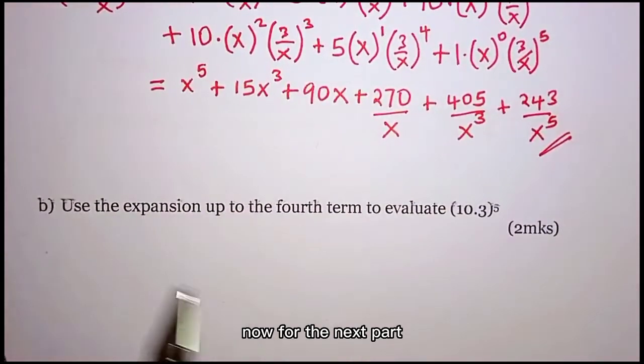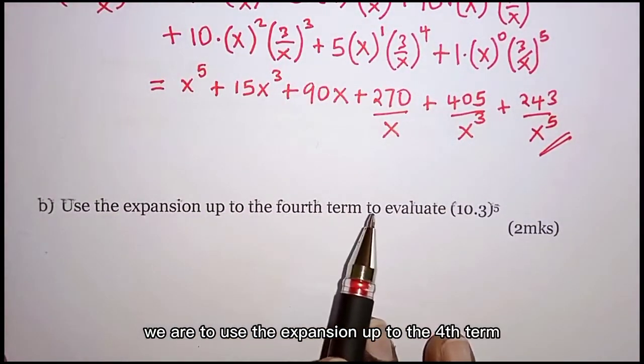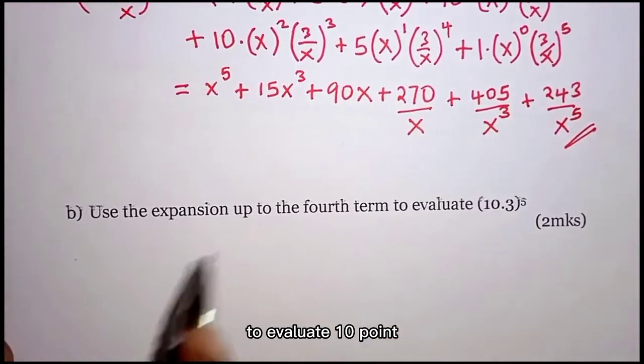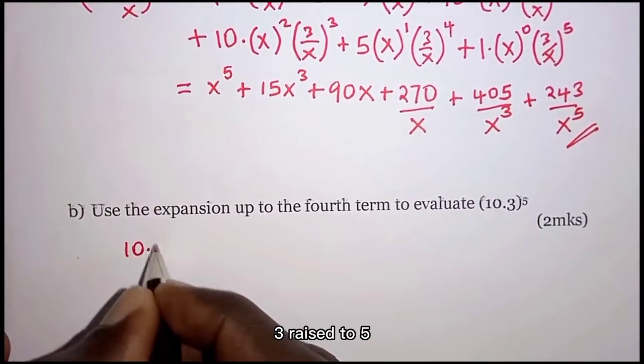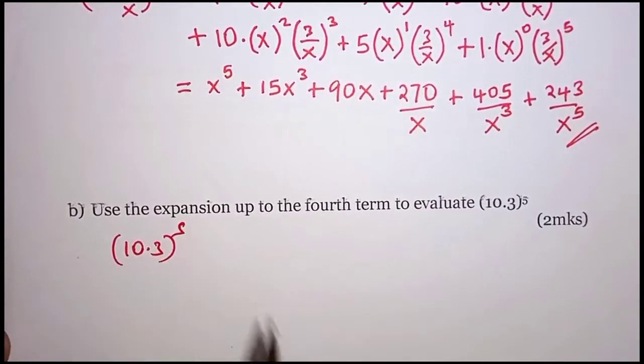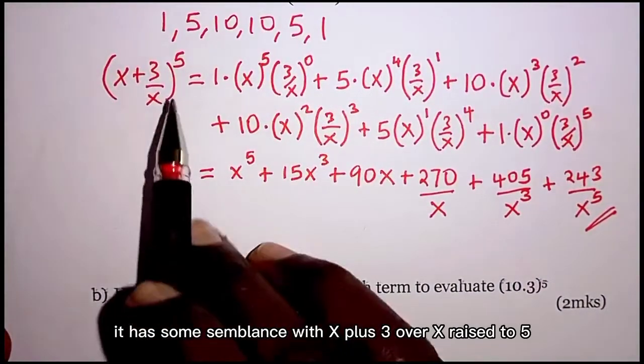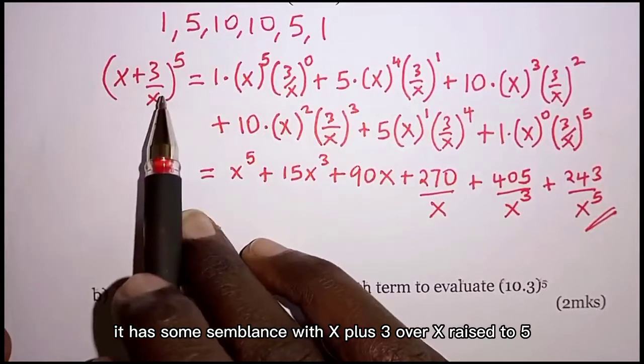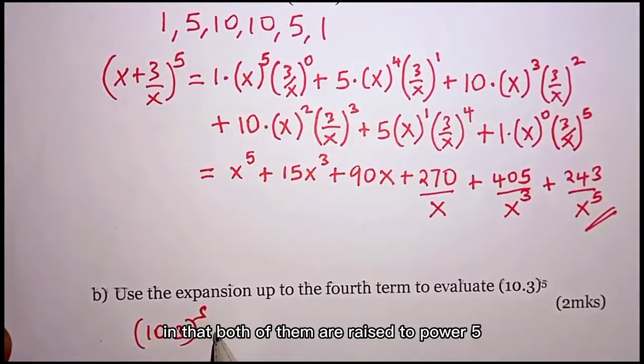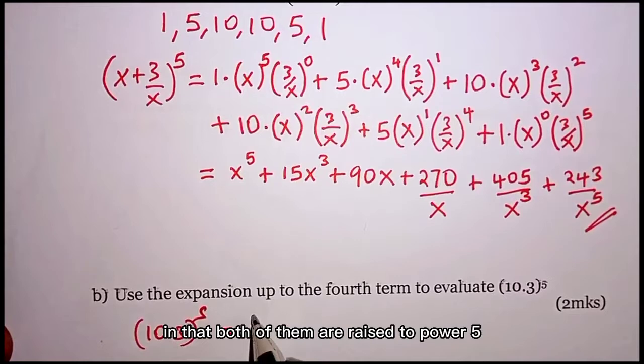Now for the next part, we are to use the expansion up to the fourth term to evaluate 10.3^5. When you look at 10.3^5, it has some semblance with (x + 3/x)^5, in that both of them are raised to power 5.